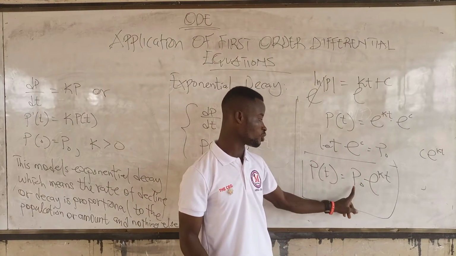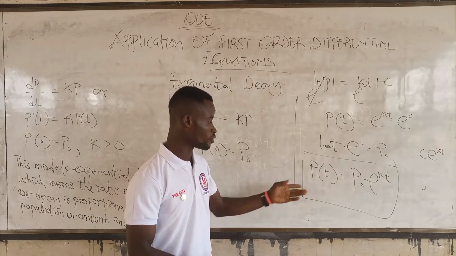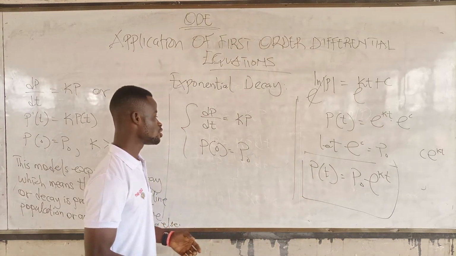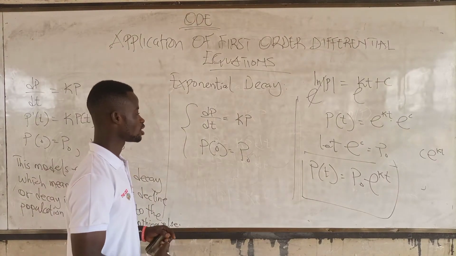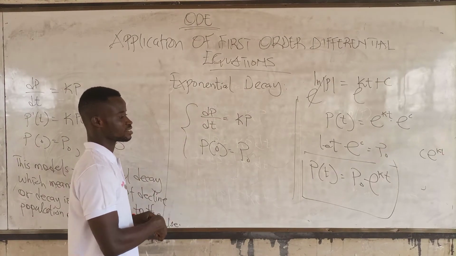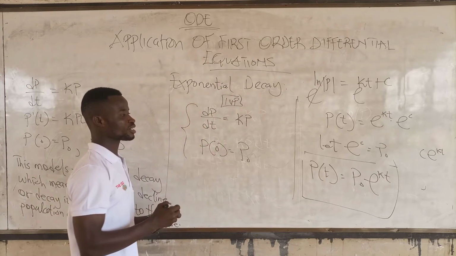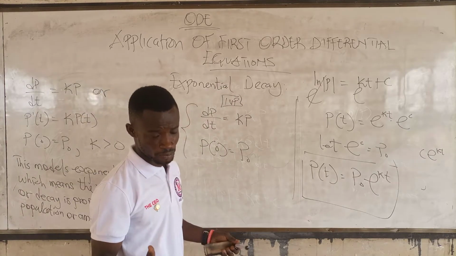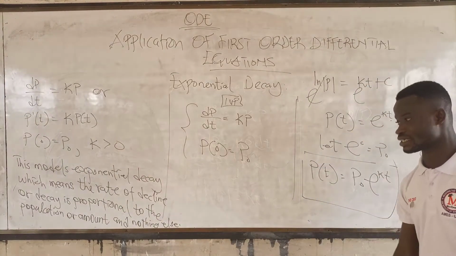So we get P naught, and the t is 0. So we end by getting P of 0 is equal to P naught, which is representing the initial condition. So this is how we state the IVP. Very good.